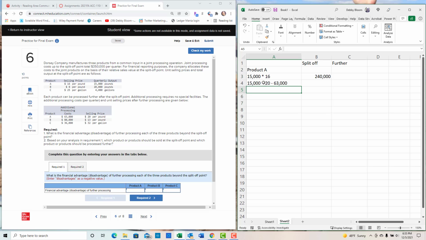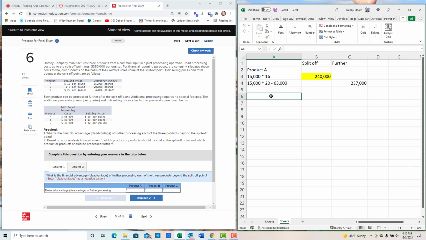Well, we can see over here that the revenue increases $4 a unit, 4 times 15,000, so the revenue is going to increase 60,000, but the costs are going to increase by 63,000, so it doesn't look like such a good deal. So over here, if I take 15,000, multiply that by 20, and then subtract 63,000, notice I get 237,000. So since I get less revenue from further processing, I would actually want to sell at the split-off point.